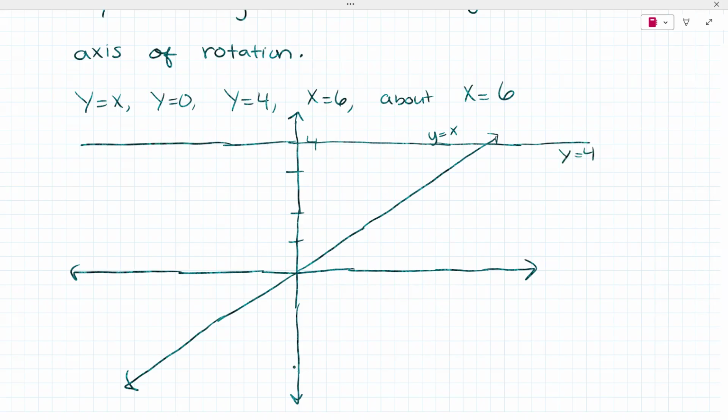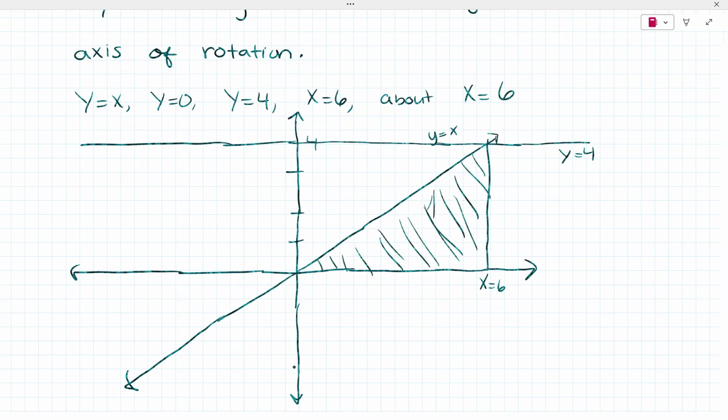And x equals 6, I think it would look something like this. It's a vertical line, right? Let's pretend x is here, 6. And yeah, this shaded region is what we want to find the volume of. And we've got to make tiny disks.